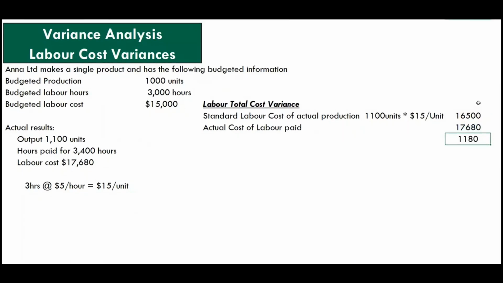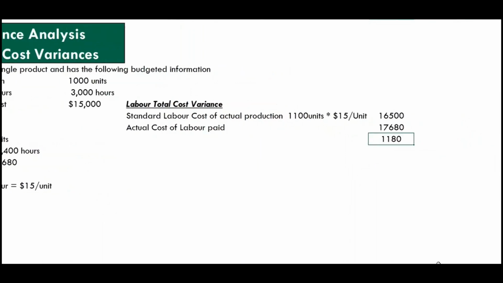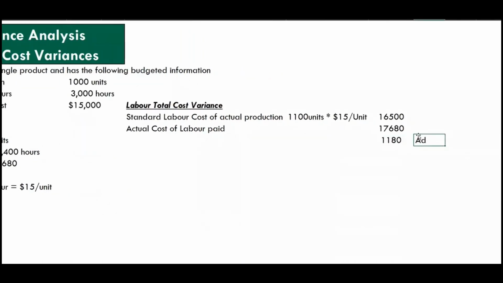The expectation is that I will spend 16,500, and I ended up spending 17,680. Invariably, that tells me that I have overspent, I've gone beyond budget, and that is an adverse variance.